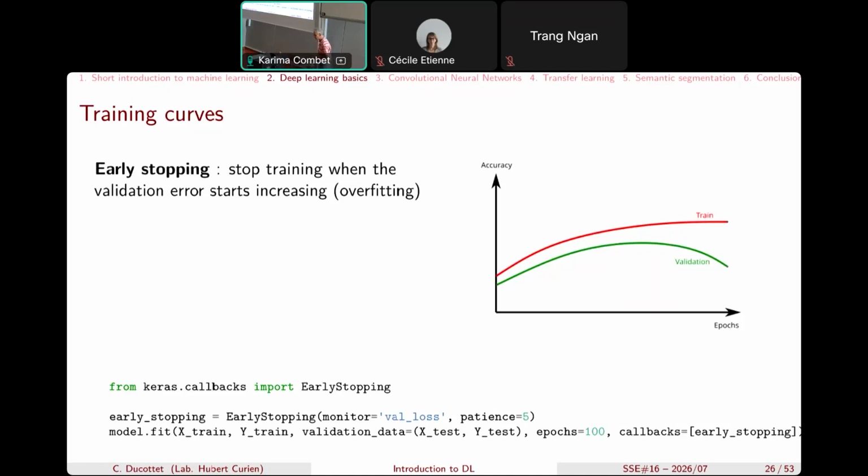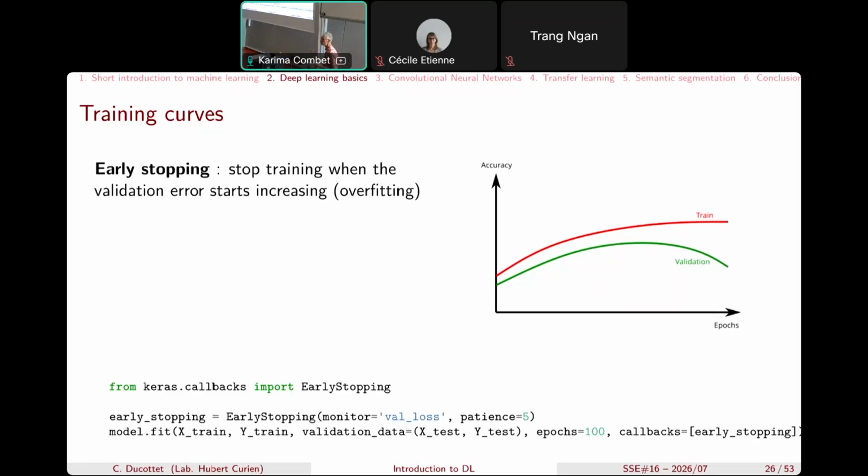There is something else we have also discussed a bit. What was the problem of the overfitting? Here, this is another curve. This is not the loss curve, this is the accuracy. The accuracy curves go the other way because we want the accuracy to be high.